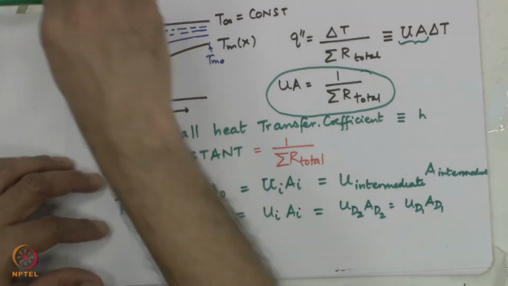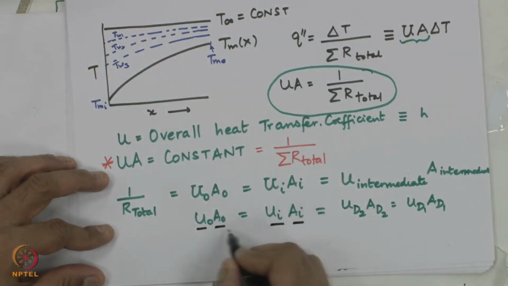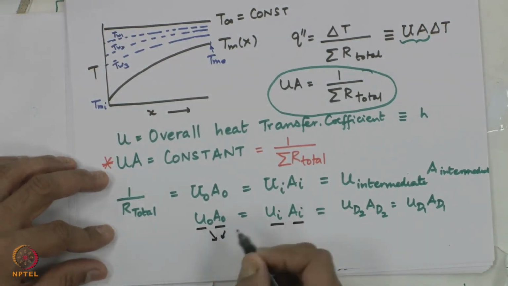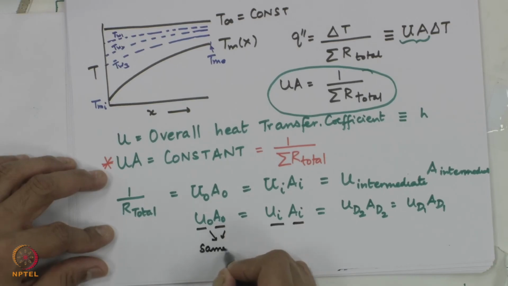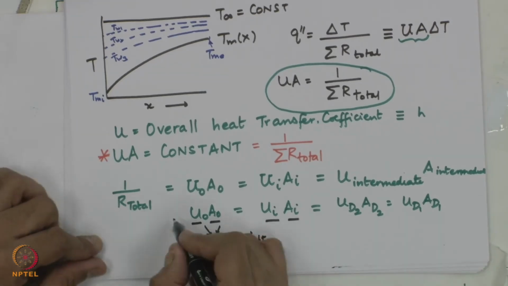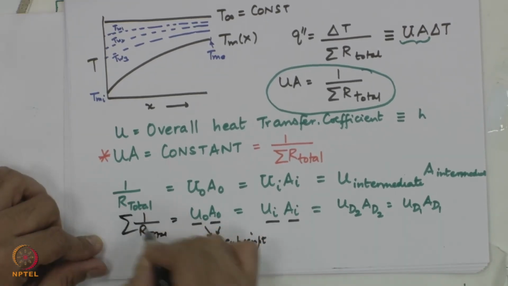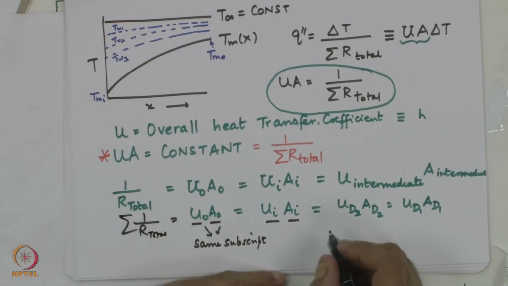Whatever it be, the product of U and A, the same subscript, you should note that, the same subscript needs to be there, that is all equal to 1 over R total. What does this lead us to?